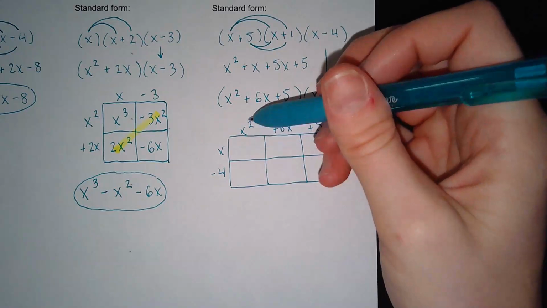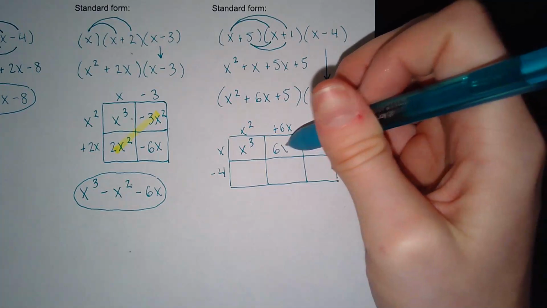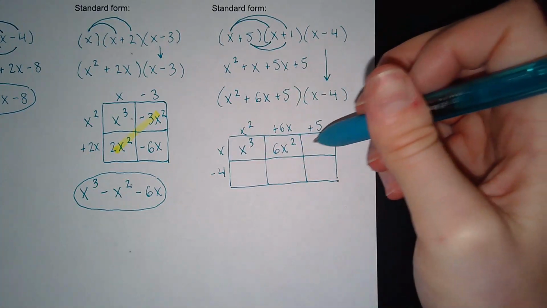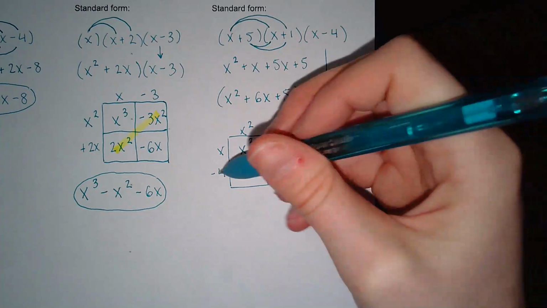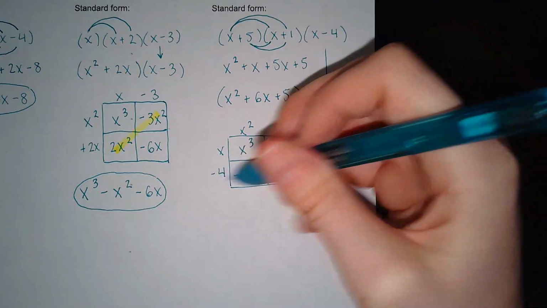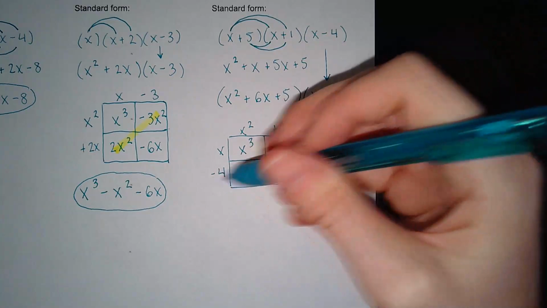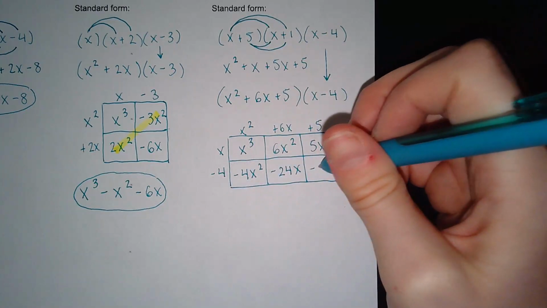And we'll multiply x times x squared is x cubed. X times 6x is 6x squared. X times 5 is 5x. Negative 4 times x squared is negative 4x squared. Negative 4 times 6x is negative 24x. And negative 4 times 5 is negative 20.